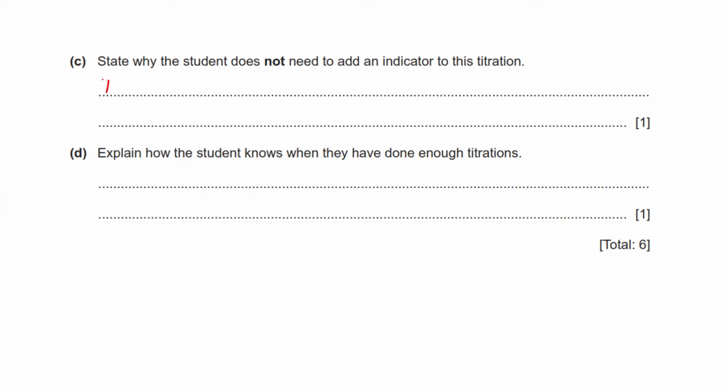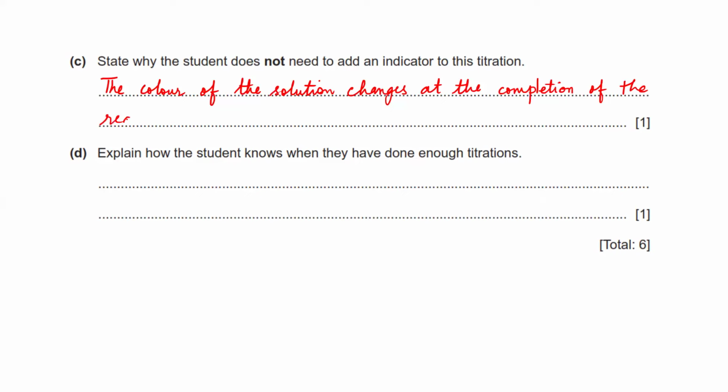So the answer will be the color of the solution changes at the completion of the reaction. That is purple to colorless. Okay, so therefore no indicator is needed for this reaction.